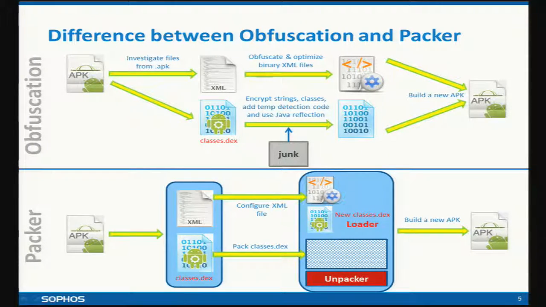The unpack component is usually based on a native binary and put into the lib folder. They will integrate all these components and build a new APK. So we can conclude that the main difference between the obfuscation tool and the packer is that the packer adds a completely new DEX file with functionality to execute the component and load the original DEX file in memory.